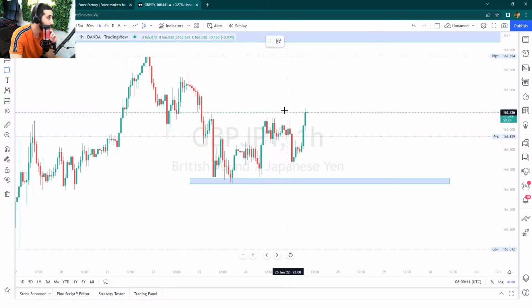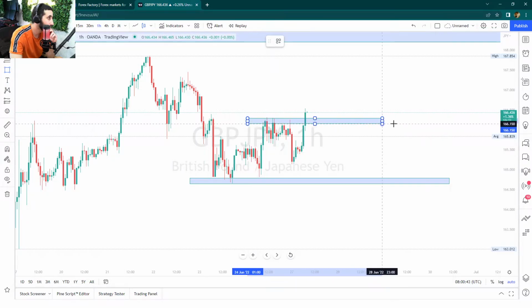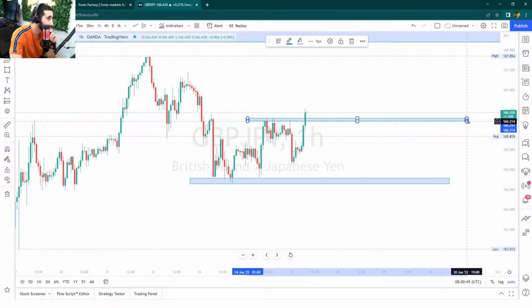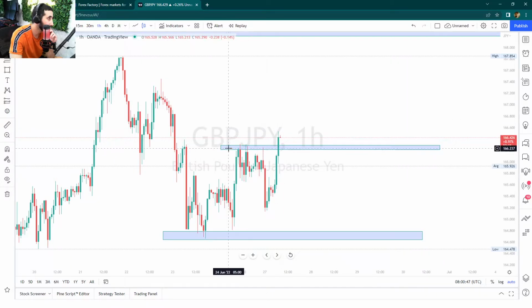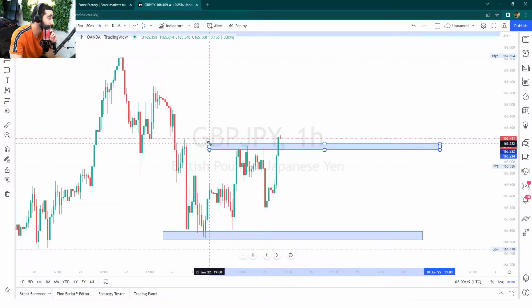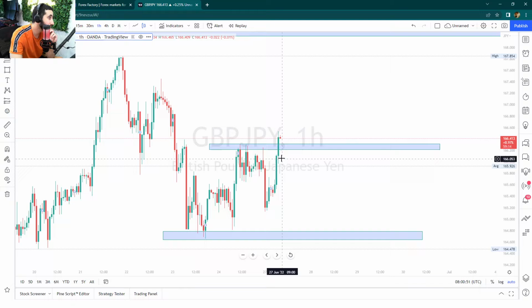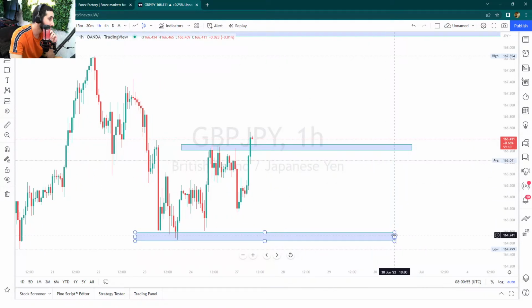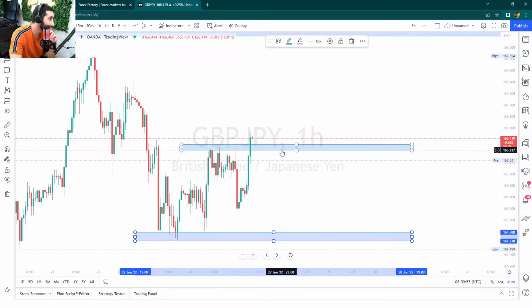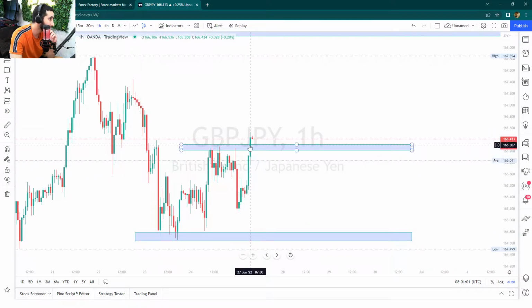And here there is a resistance that actually became a support. Why? Because it got crossed. So this is how it goes. Before, this was a resistance, but as soon as the market crossed that level, it's no longer a resistance. It's going to be a support level.